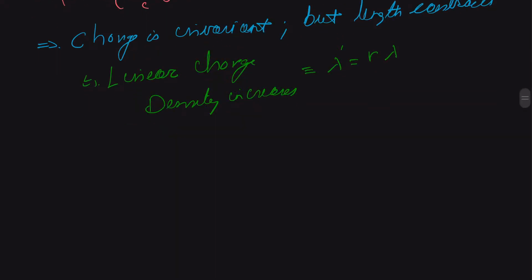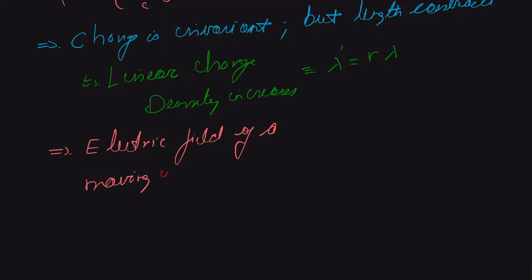And the electric field for this particular case will also change. Therefore we can further write that our electric field of a moving infinite line, that is E prime, will be equal to this factor gamma multiplied by the original electric field.